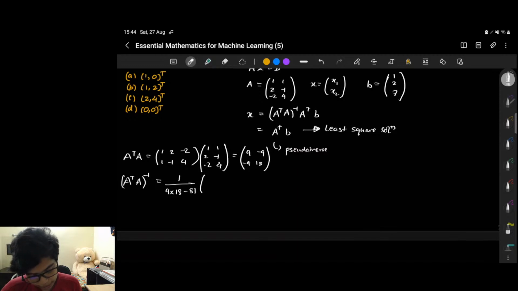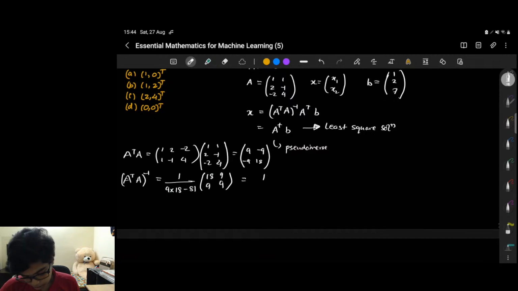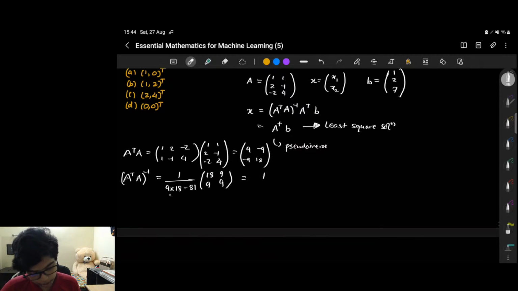And then you interchange the diagonal elements. So it becomes 18 and 9. And you multiply -1 to the off diagonal, so they become +9, +9. So this is the inverse. If I do this arithmetic, 18 into 9 minus 81, this gives me 81. And this is the inverse.